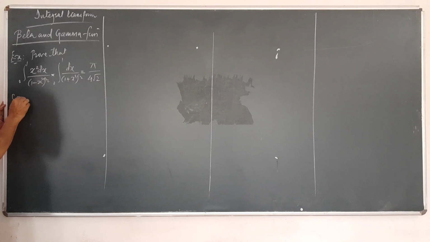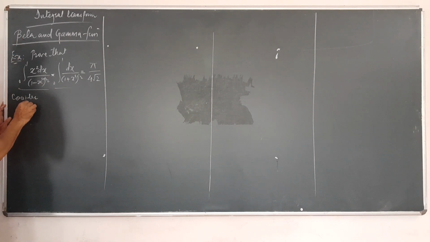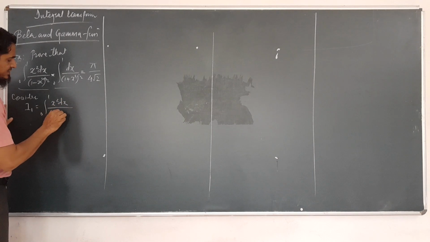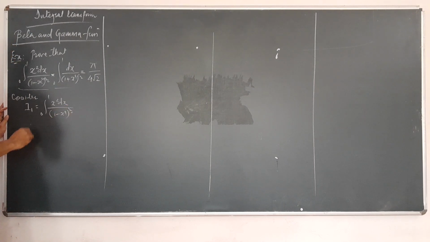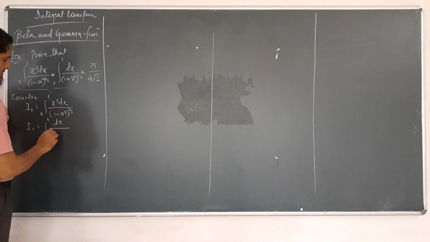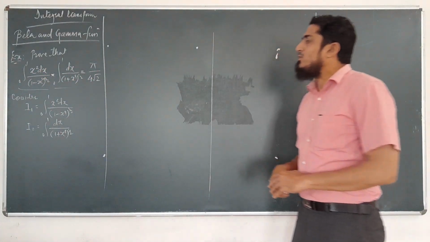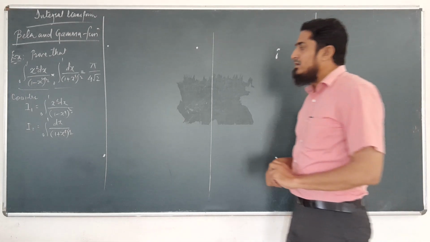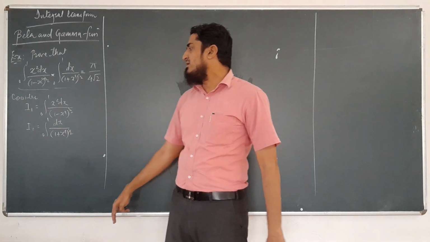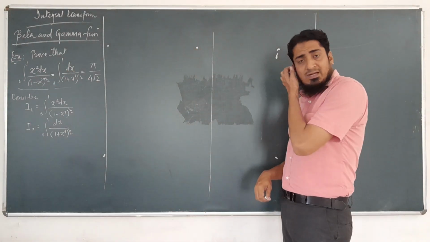Now, if we consider the first part and second part as I1 is equal to integration from 0 to 1 of x square dx upon (1 minus x raised to 4) raised to half, and I2 is equal to integration from 0 to 1 of dx upon (1 plus x raised to 4) raised to half.